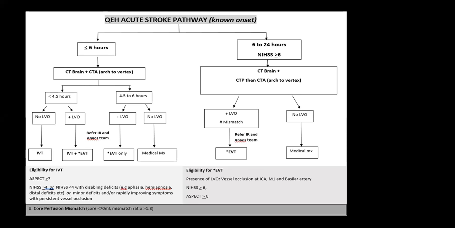A patient can have an NIHSS of 3 to 4 but with a very dense hemiparesis, or a homonymous hemianopia that prevents them from going back to their job or performing daily activities. We will consider intravenous thrombolysis even though the NIHSS is very low, as long as it impacts the ADL.